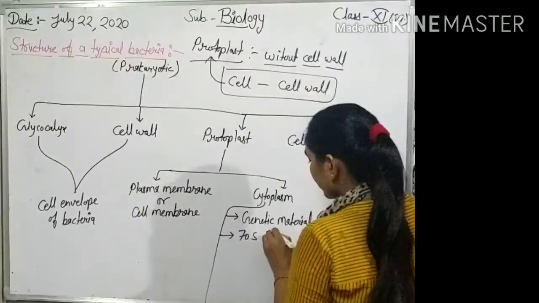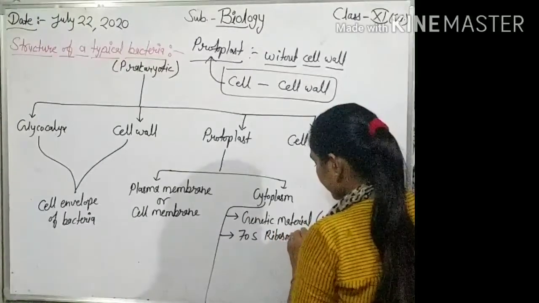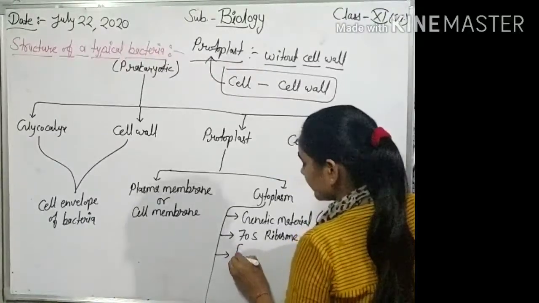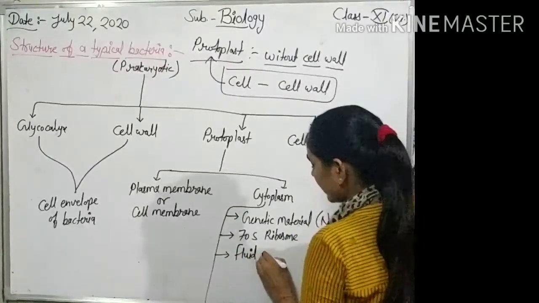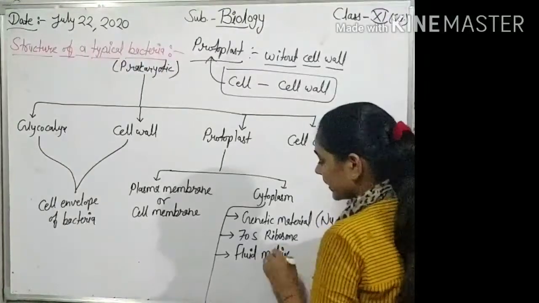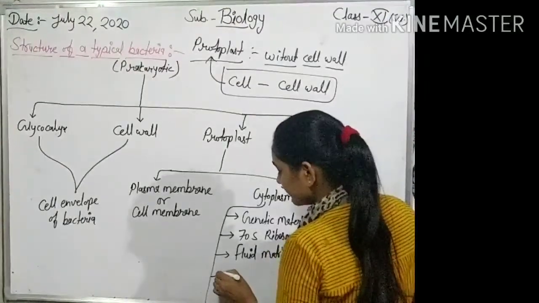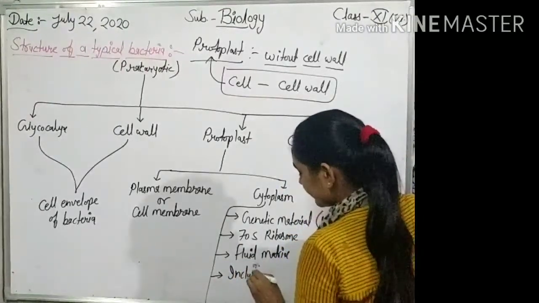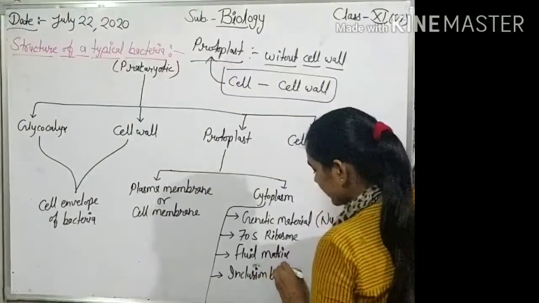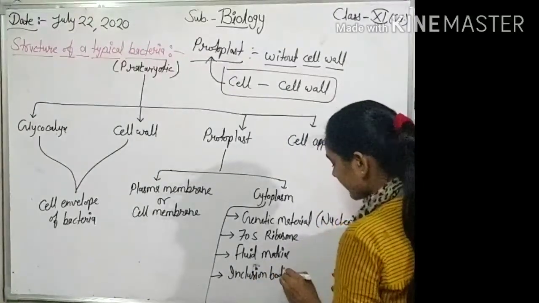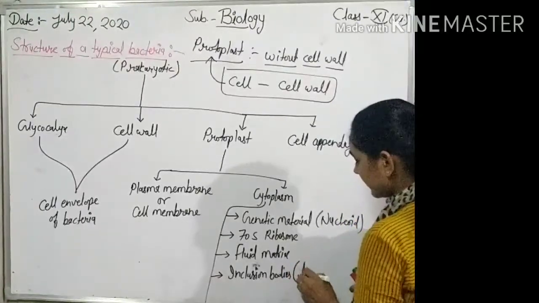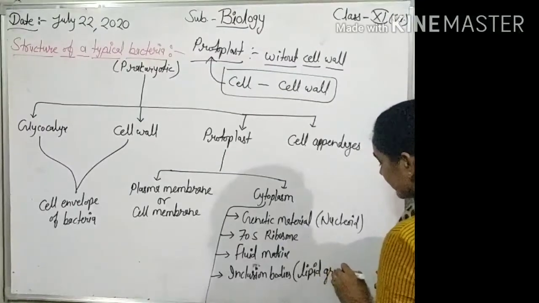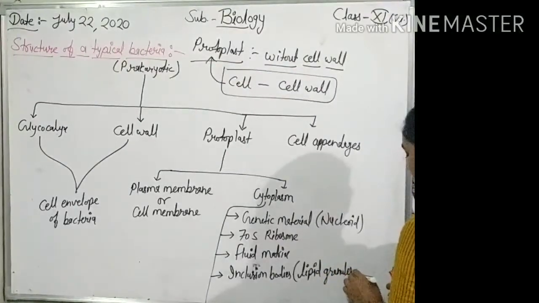70S ribosome cell organelle, fluid matrix containing biomolecules, inclusion bodies like lipid molecules, lipid granules, phosphorus granules.